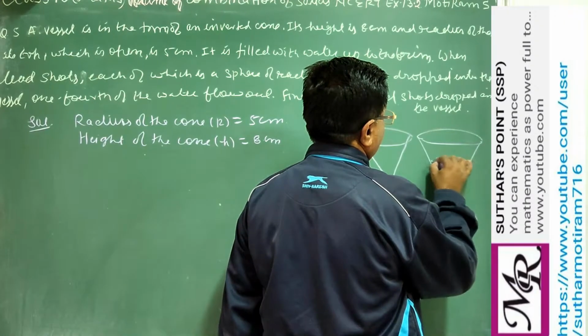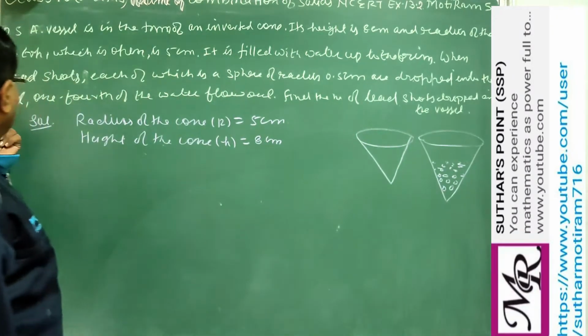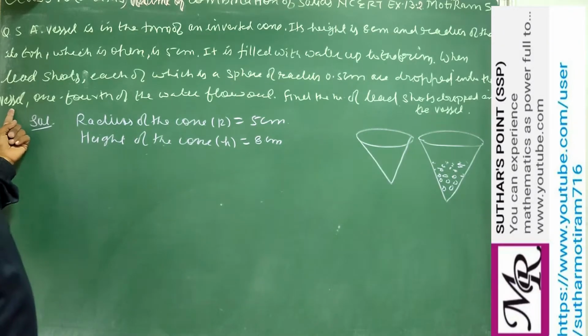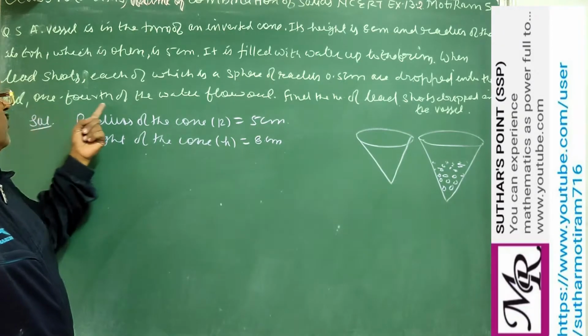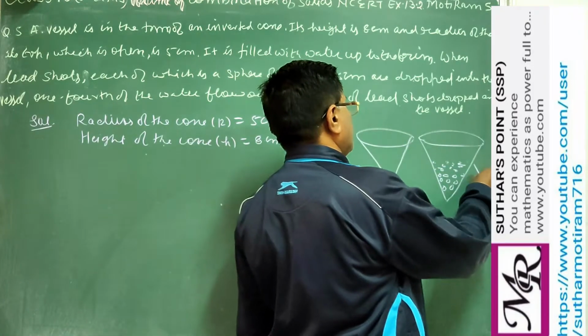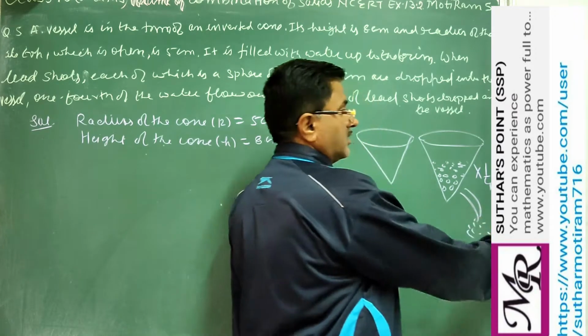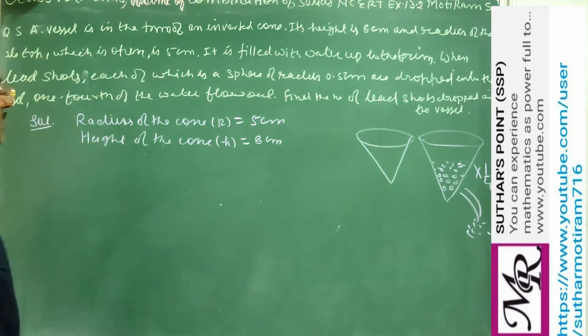These are dropped into it. So what happened? After dropping them, 1/4 of the water flows out. So 1/4 of the total volume of water flows out when we drop the shots in the inverted cone.